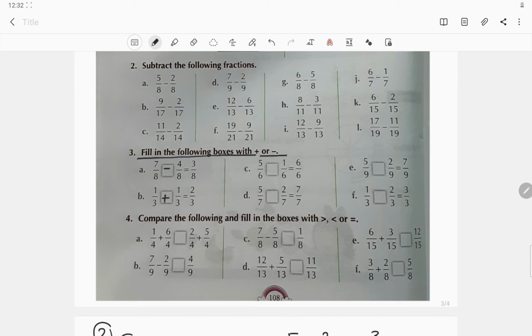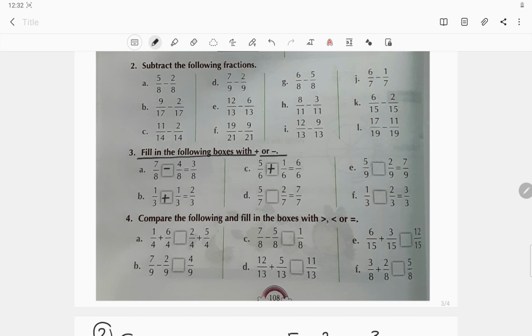Question number C, 5 by 6 plus 1 by 6, and the result is bigger than the addends, so it means it will be plus. Question number D, the logic will be the same. The result is bigger than the addends, because the numbers being added are called addends.